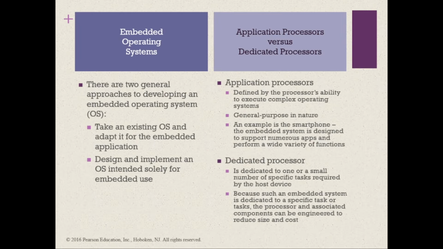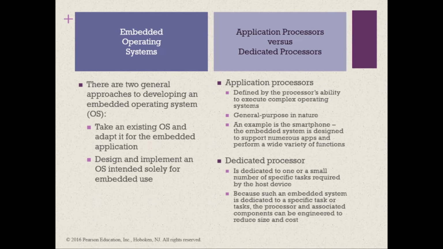Okay, so next we have the discussion of the differences between embedded operating systems and application processors versus dedicated processors. There are two general approaches to developing an embedded operating system. The first approach is to take an existing OS and adapt it for the embedded application.